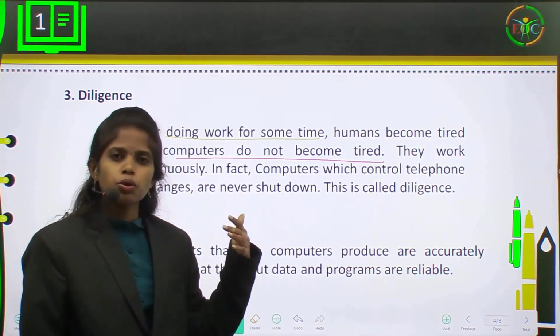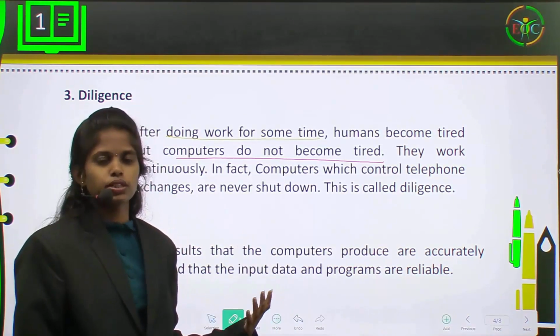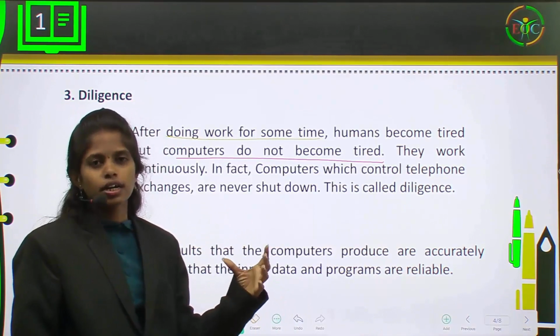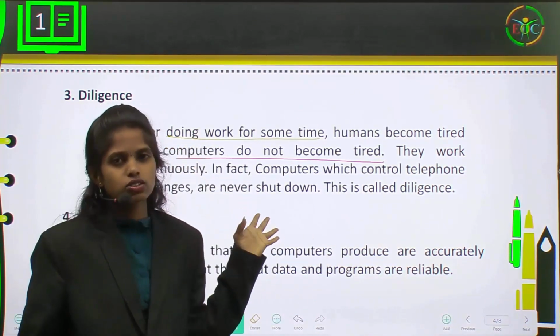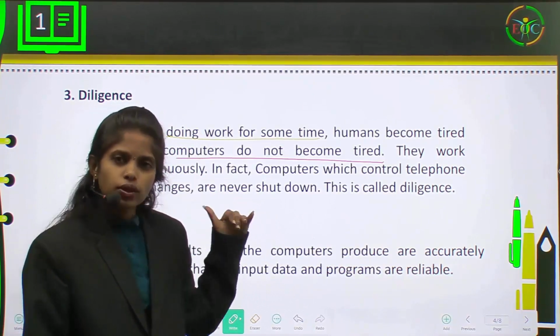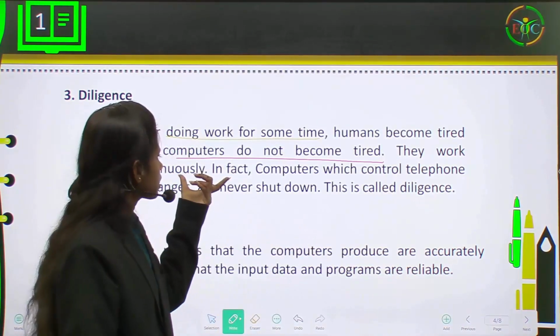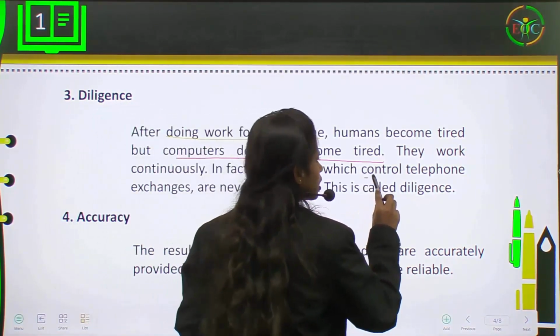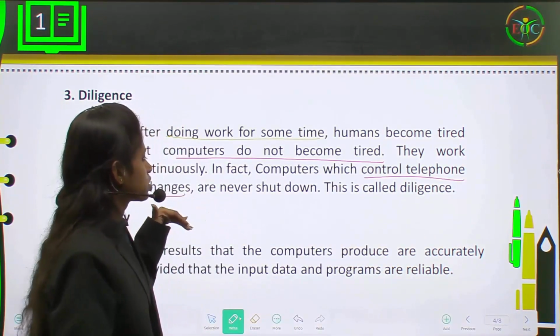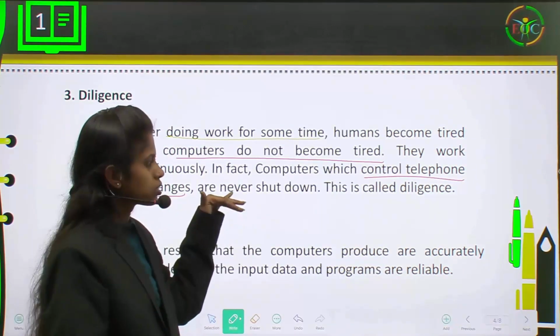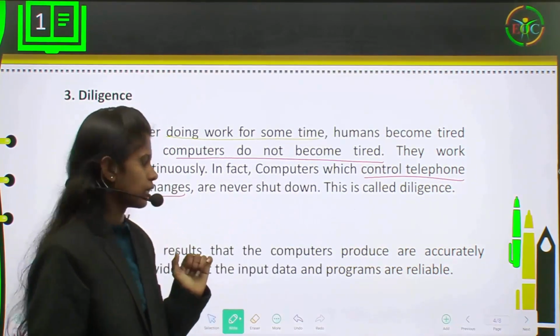As long as you provide the power supply to the computer, it keeps running. This is what diligence of the computer means. You can give an example also. Here the example is telephone exchanges. Telephone exchanges never shut down. This is one example of diligence.